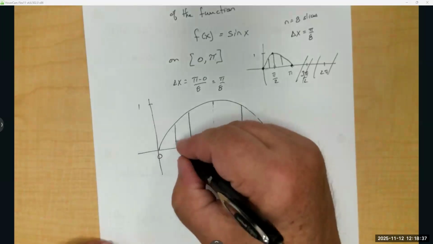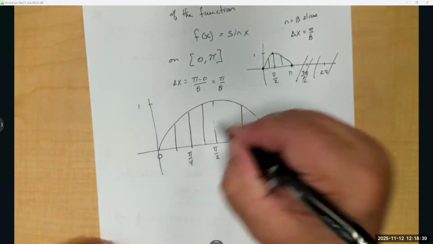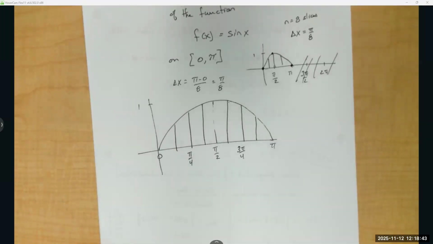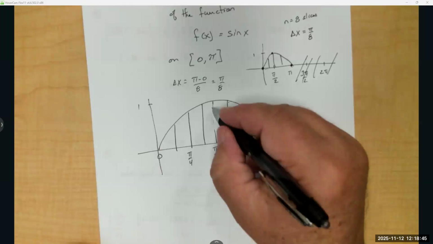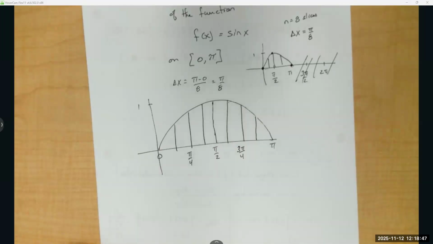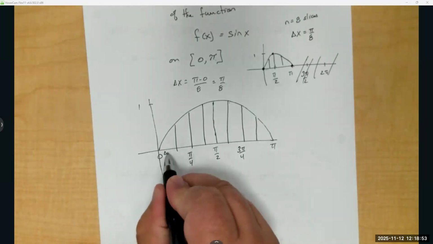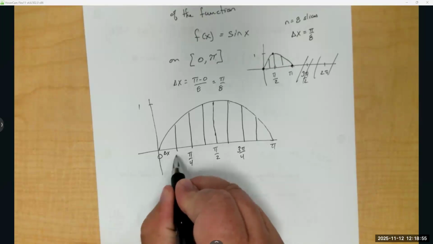We need 4 more. So our delta x is pi over 8.